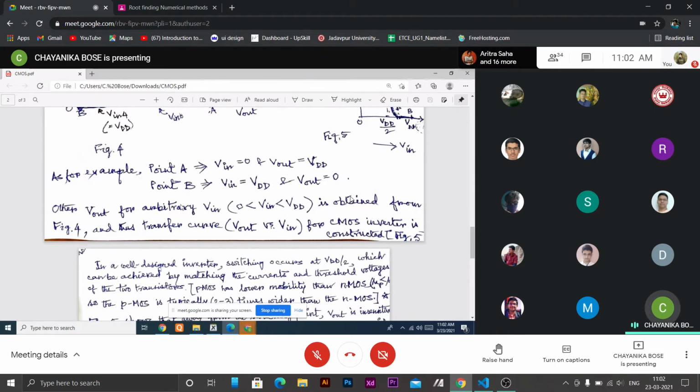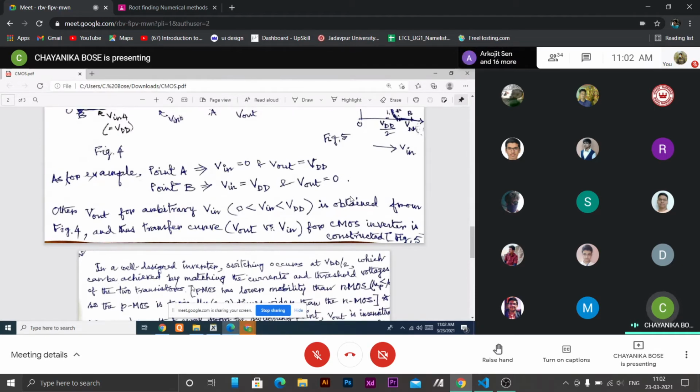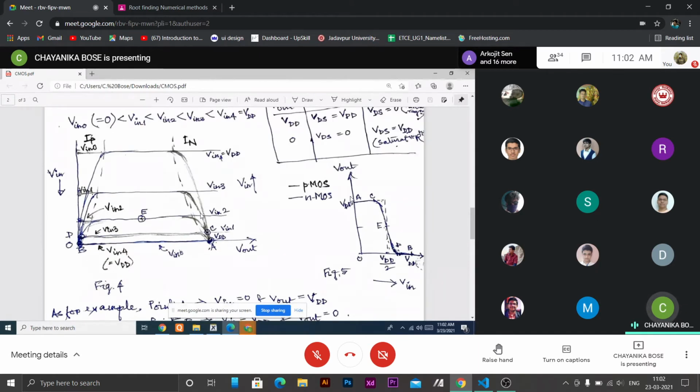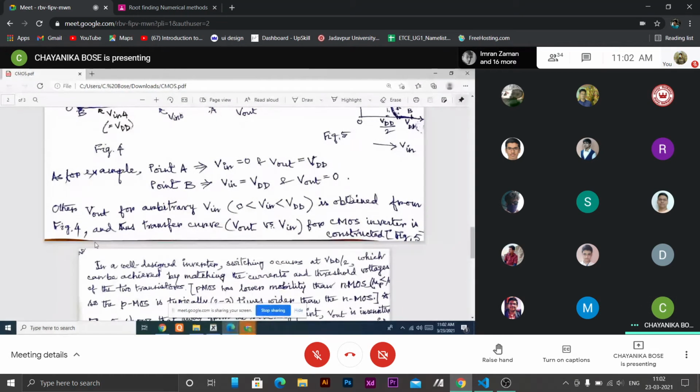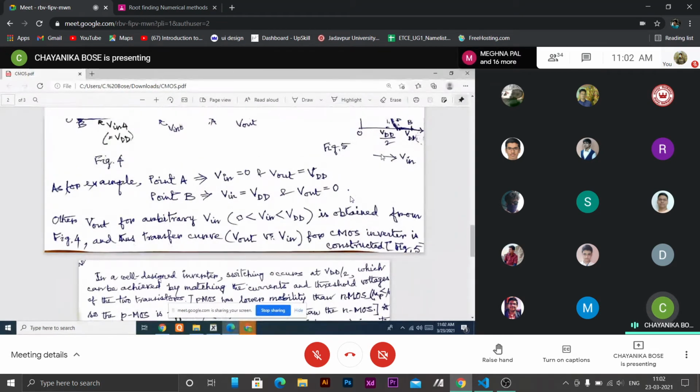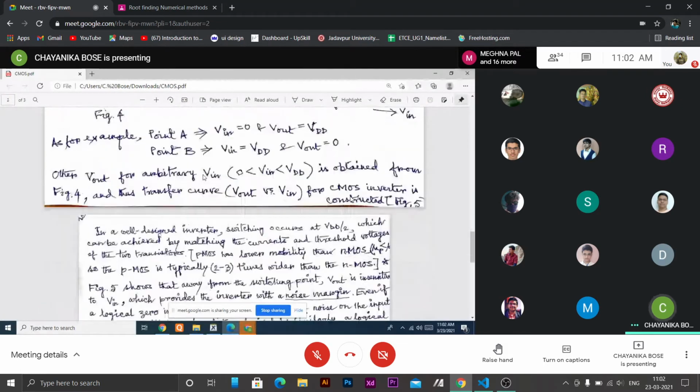Other V out for arbitrary V input in between this range is obtained from figure 4. এর থেকে আমি যে V input চাইবো, intermediate value will draw the characteristics and point of intersection will give the output value. And thus transfer curve V out versus V in, this one for CMOS inverter is constructed.